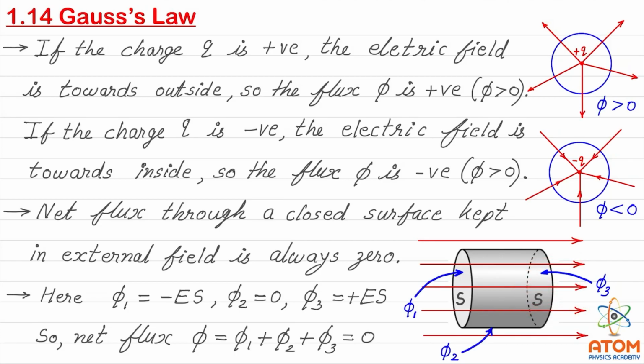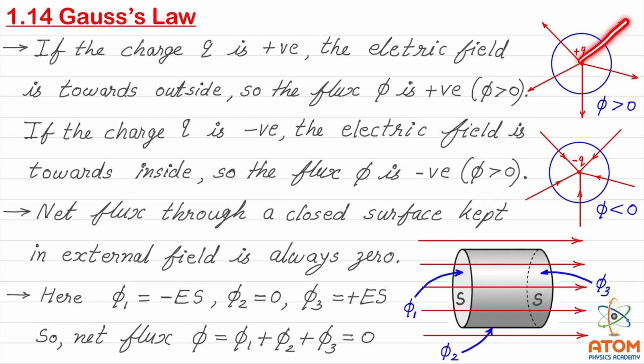That's why the flux phi 1 linked with this surface of area S can be written as phi 1 is equal to minus ES. Obviously, when the electric field lines are going from outside to inside, as we have seen here, the flux was negative.